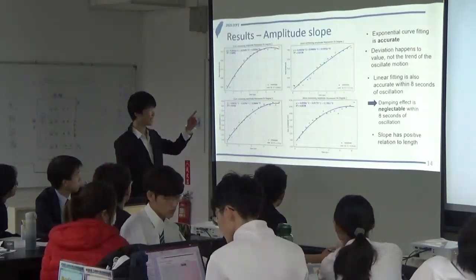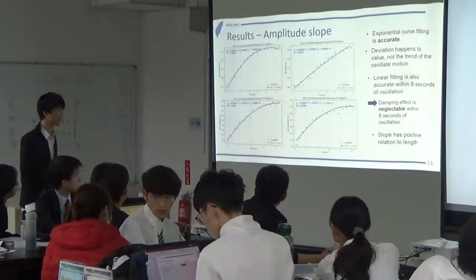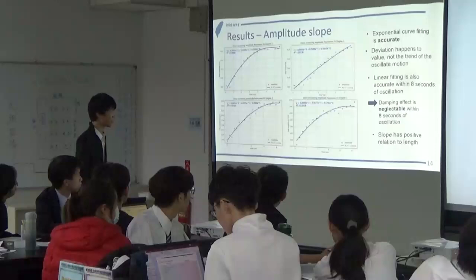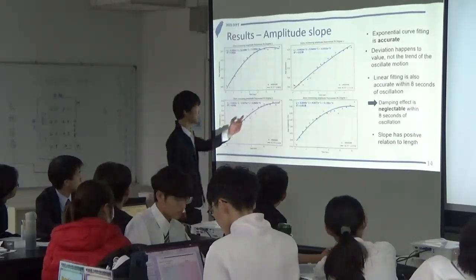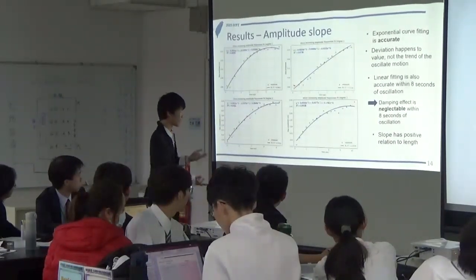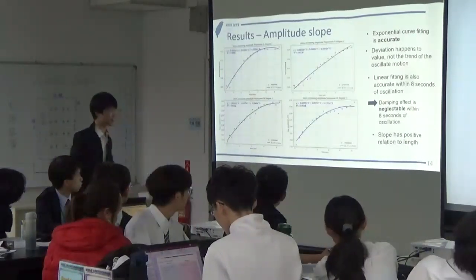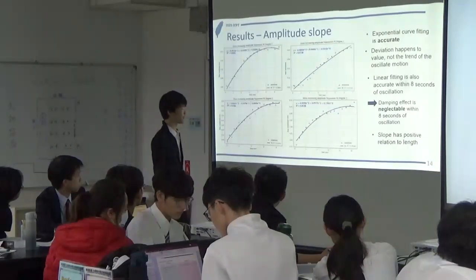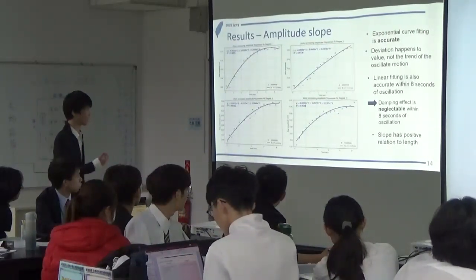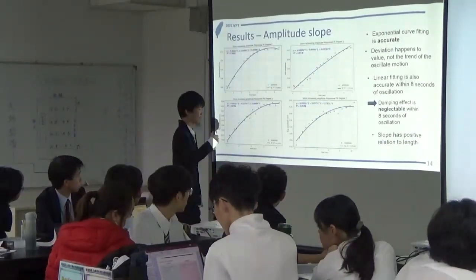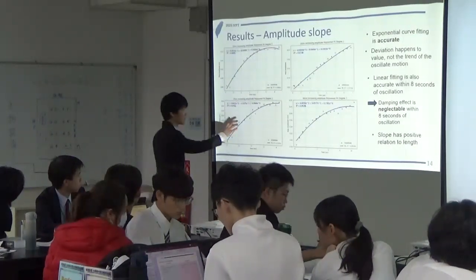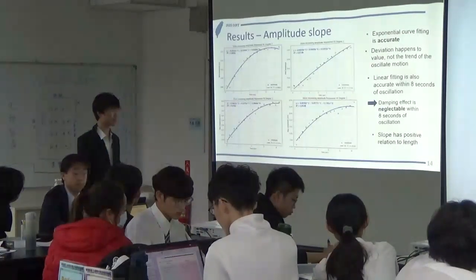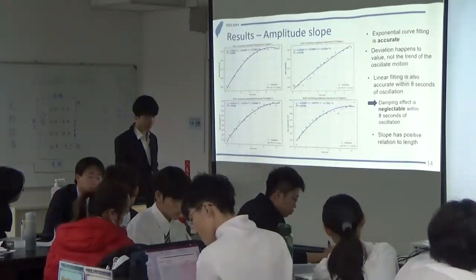Also, the linear fitting is accurate when the period is small, when we just look at, like, the first 4 seconds, so we think that the damping effect is not big here. And also the slope has a positive relation to length.